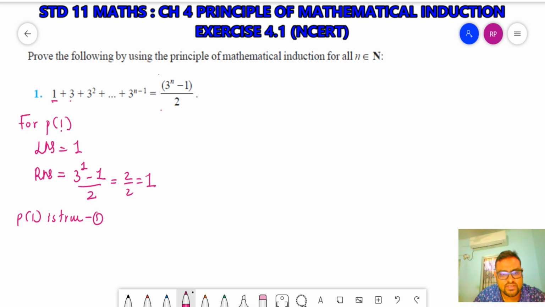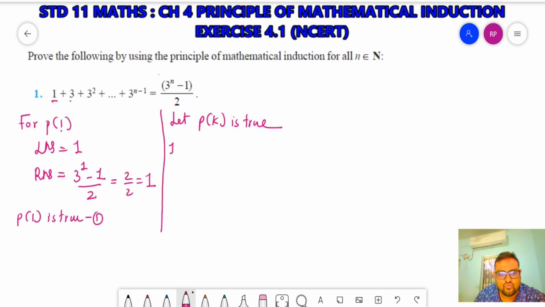Let's name this as 1. What was our second step? You have to assume P of K is true. So let P of K be true. So what will this mean?